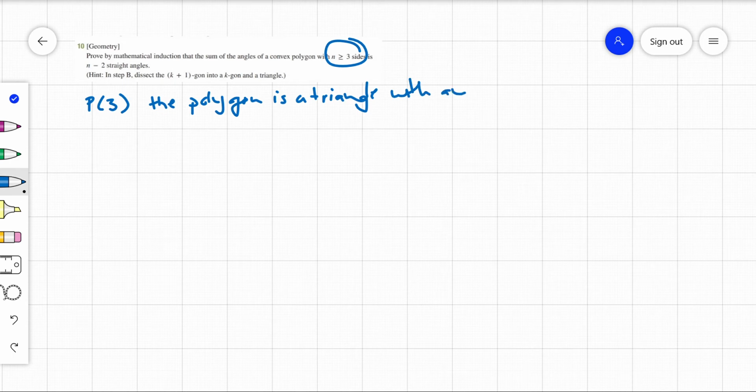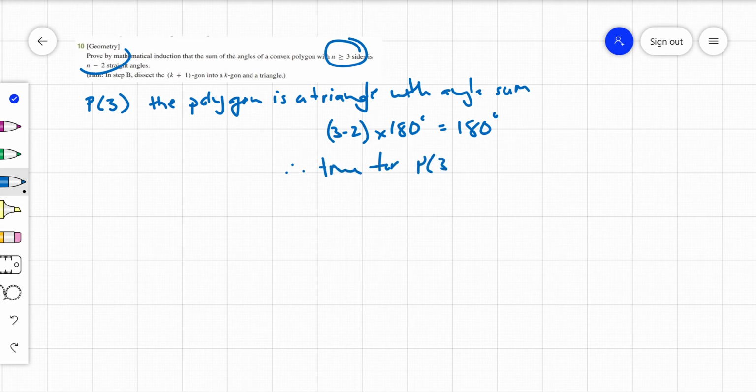The angle sum in this case has to be 3 minus 2 lots of straight angles, which is 180 degrees. Therefore, clearly, it's true for P of 3. So proposition 3 is true.